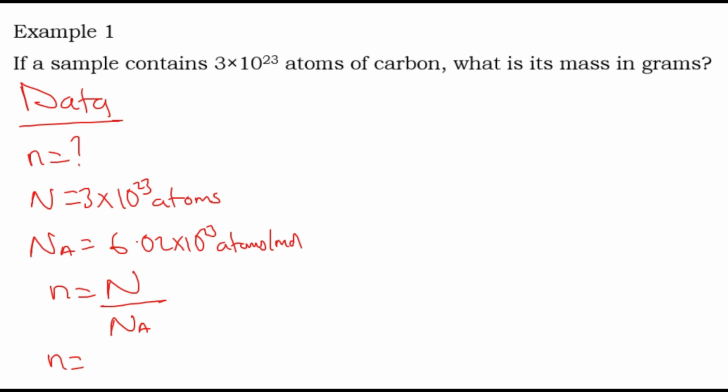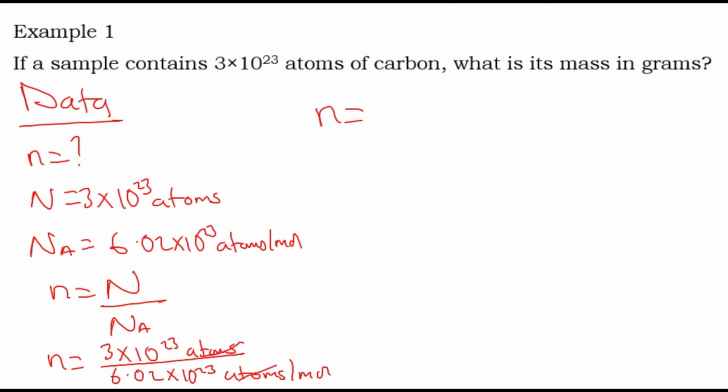Number of moles is equal to 3 × 10^23 atoms divided by 6.02 × 10^23 atoms per mole. So the atoms get cancelled out. What do we get as our number of moles? We get 0.5 moles.